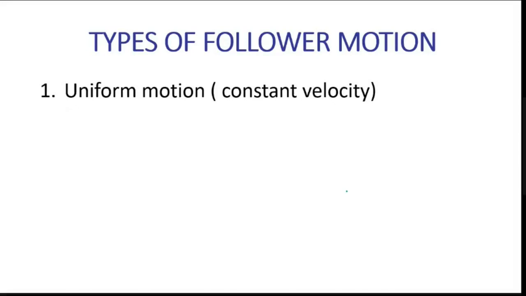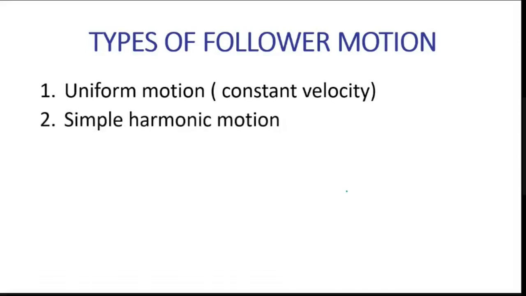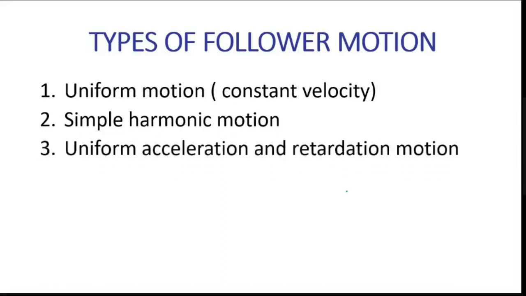One is uniform motion, which has constant velocity, then simple harmonic motion, uniform acceleration and retardation, and the last one is cycloidal motion. These are the four different types of motion possible in your follower, right? Your cam profile will be purely related to any one of these follower motions.